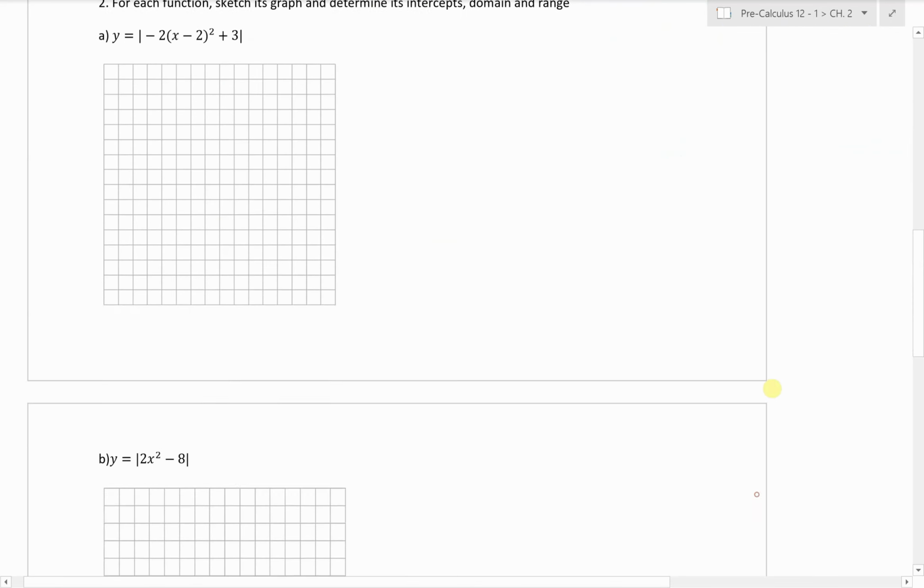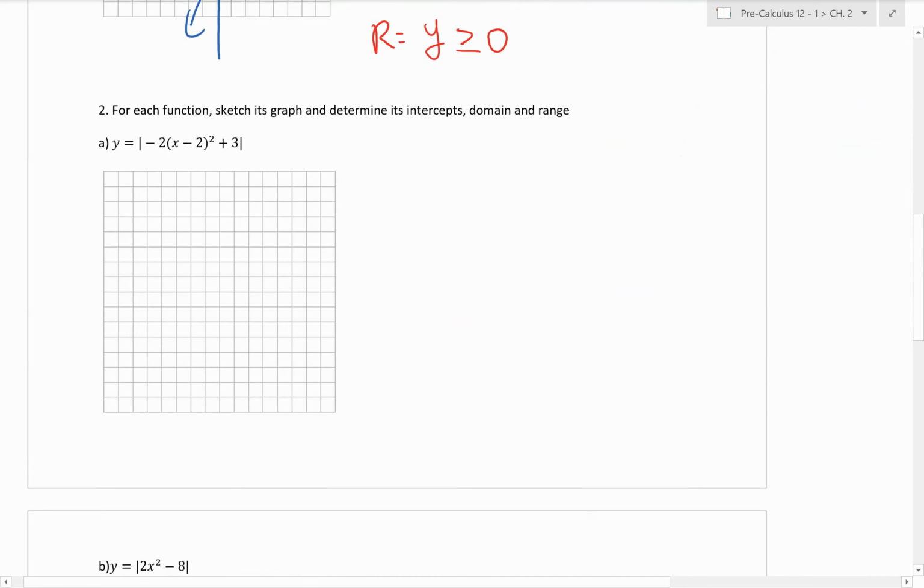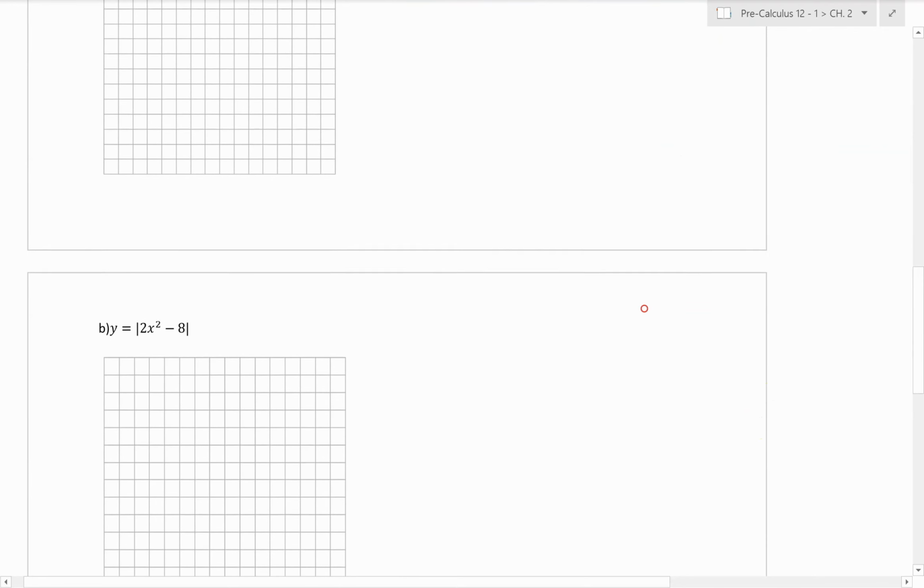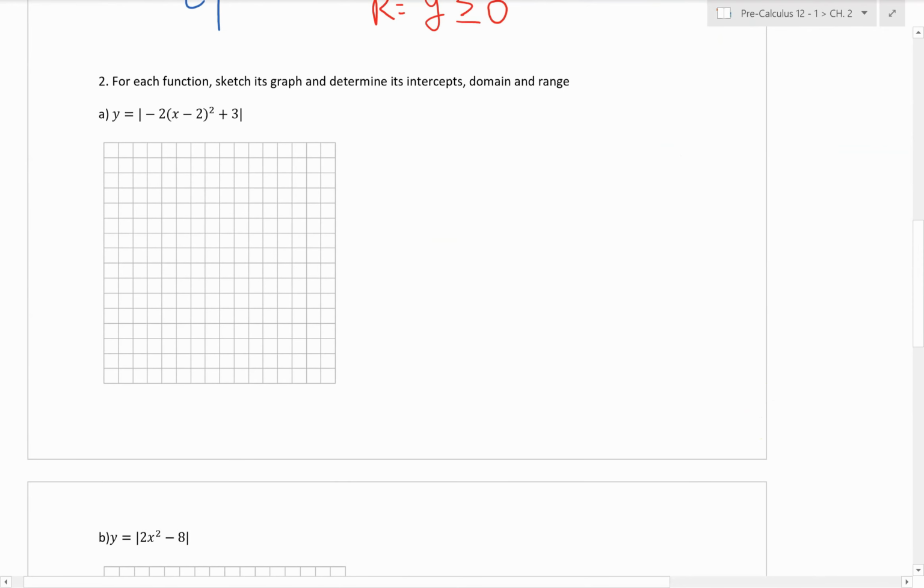That's the first example. For the second example, we are going to be looking at the sketch of a graph of the absolute value of a quadratic function. I'll do this one and then I'll let you try B. It's actually very similar. First, again, the first step is to draw y equals negative 2 bracket x minus 2 squared plus 3.